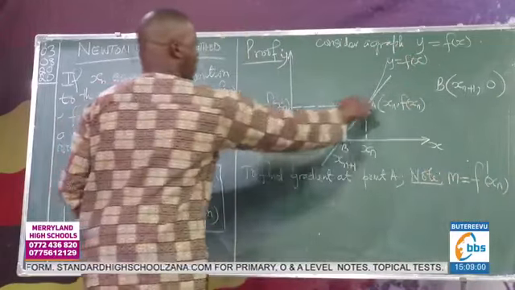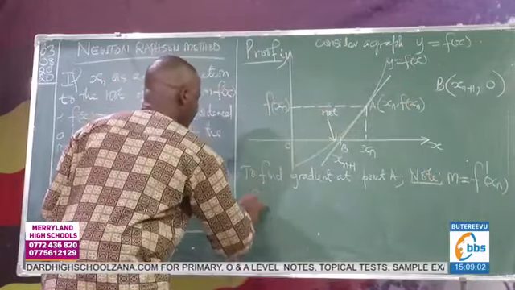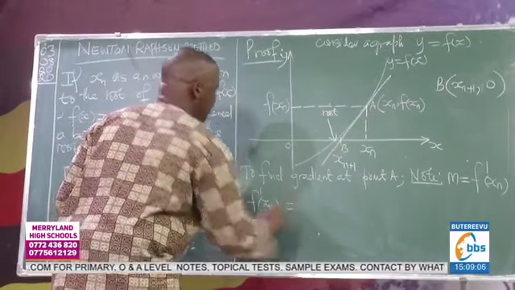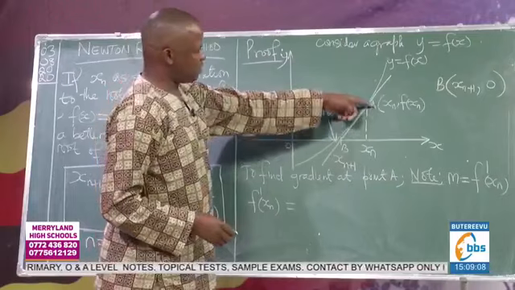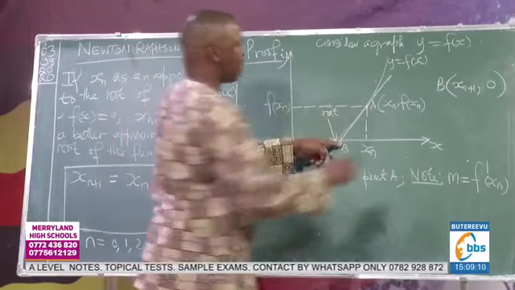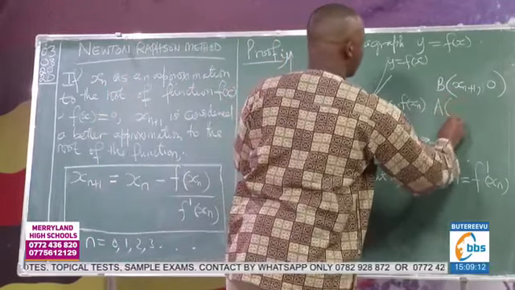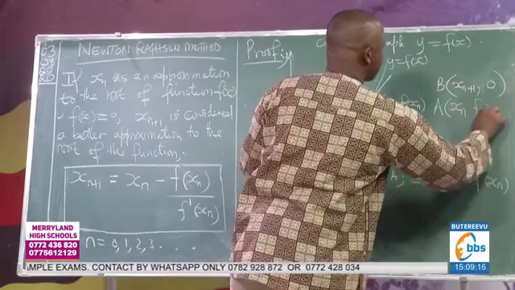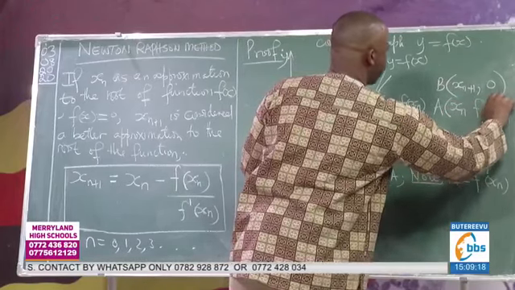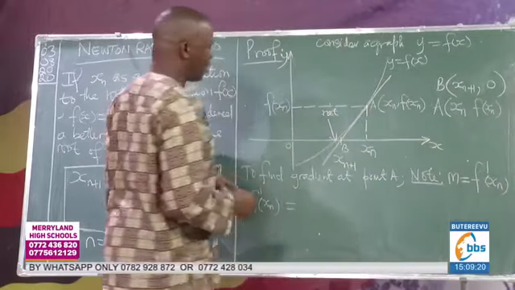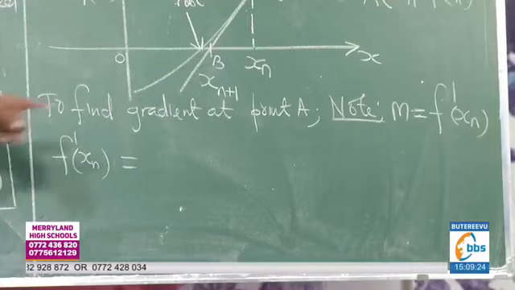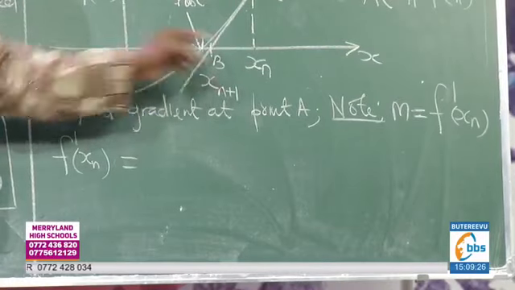So along AB, my gradient, which is supposed to be equivalent to this, is going to be between points A and B. Point A is already given over here as xn, f of xn. And of course, we have our xn plus 1, 0.